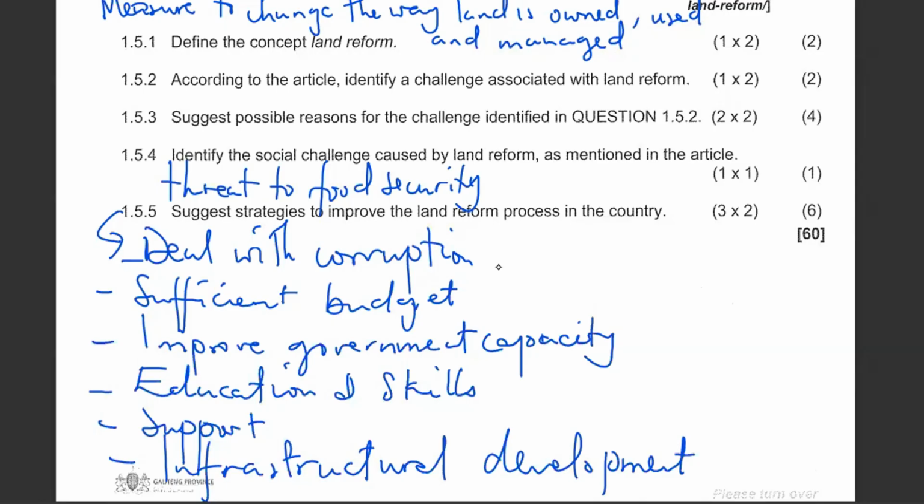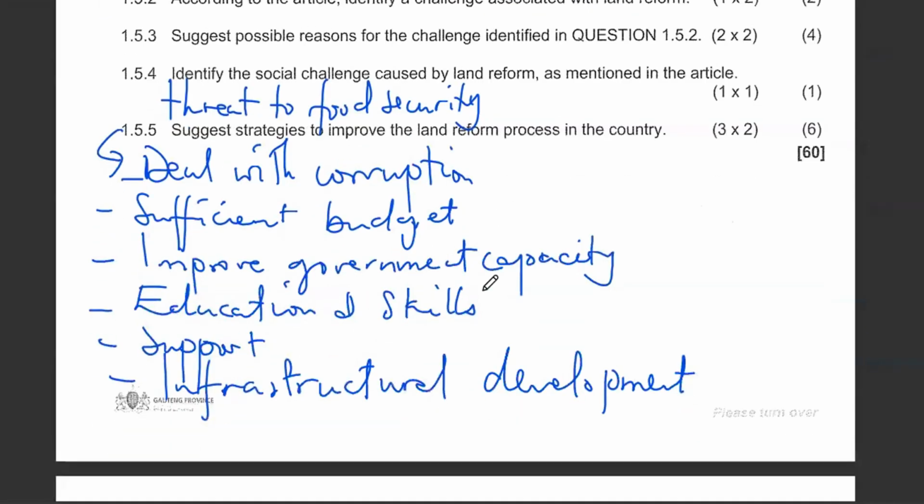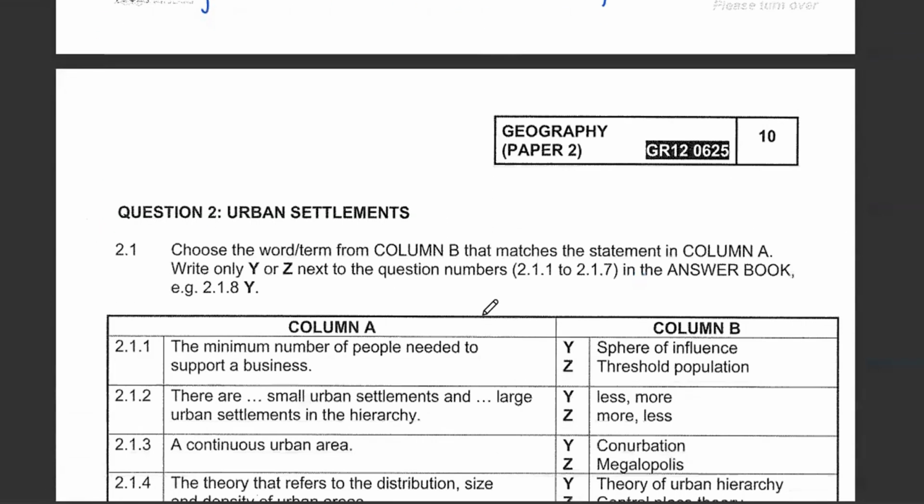We need to develop infrastructure so that the resettled farmers have access to basic infrastructure that will enable them to be productive enough. Right. So if we try to address some of those things, then that can help us attain a productive land reform.